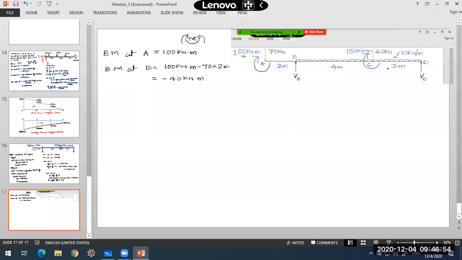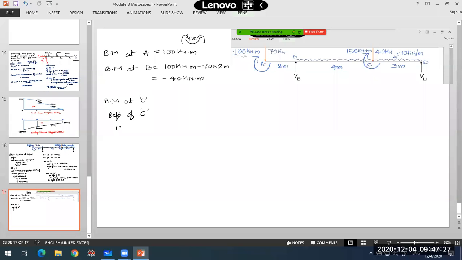After this, we'll go to point C, bending moment at C. Here, since a couple is present, like our shear force, there will be a sudden change in the bending moment when you cross this couple. Before crossing the couple, we'll take first the left of point C. What is the bending moment value?